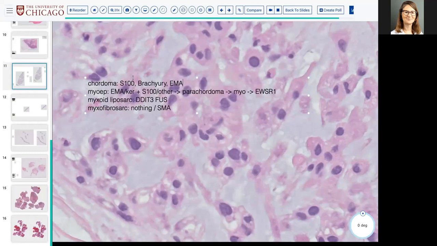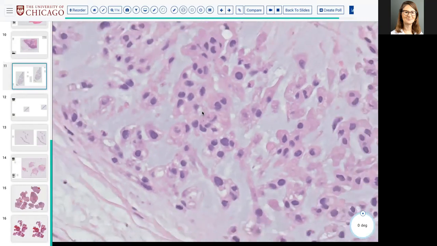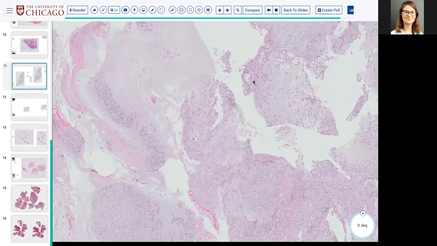brachyury for chordoma, keratin. Great. Clear all drawings. Remember that chordomas can, what's the bad thing that chordomas can do? Other than clinically metastasize, histologically, what can they do?